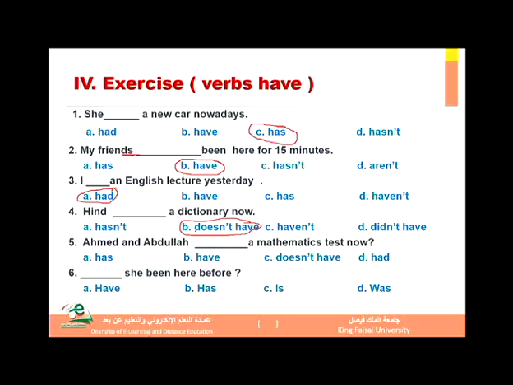Why did we choose doesn't have? لماذا اخترنا doesn't have ما اخترنا مثلا hasn't؟ إذا تذكرون في الجمل في المحاضرات السابقة تحدثنا عن كيف ننفي جملة. إذا أردنا ننفي الجملة إذا تذكرون قلنا لما يكون موضوع الجملة مفرد الفعل يكون فيه اس. لما يكون الفعل فيه اس نستعين بأحد شخصيات الدو. لما الفعل فيه اس نستعين بشخصية الداز، بعدين الفعل اللي فيه اس يرجع إلى صورته الأساسية. كذلك هنا أصل الجملة Hind has a dictionary now. أردنا أن ننفي الجملة بما أن has للمفرد استخدمنا شخصية does، فقلنا doesn't والhas ترجع لصورتها الأساسية اللي have، فصارت Hind doesn't have a dictionary.